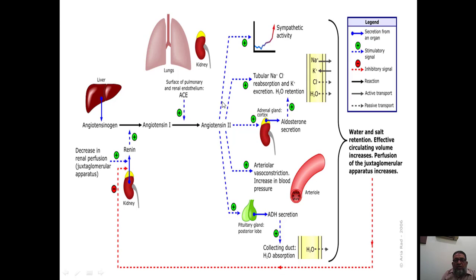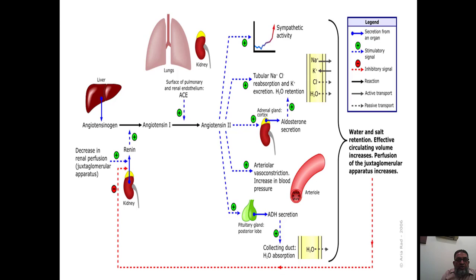So angiotensin 2 will activate the sympathetic activity, stimulate the adrenal gland, produce vasoconstriction and ADH secretion. These are all mechanisms which control the increase in volume as well as control the blood pressure. Angiotensin converting enzymes are present within the lining of the lung, that is, the type 2 alveolar cells. As you know, the coronavirus also targets this ACE receptor on the alveolar type 2 cell.